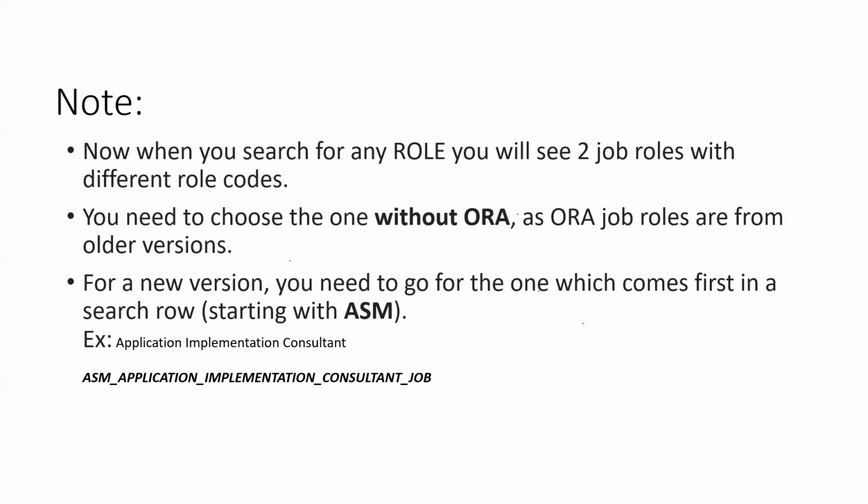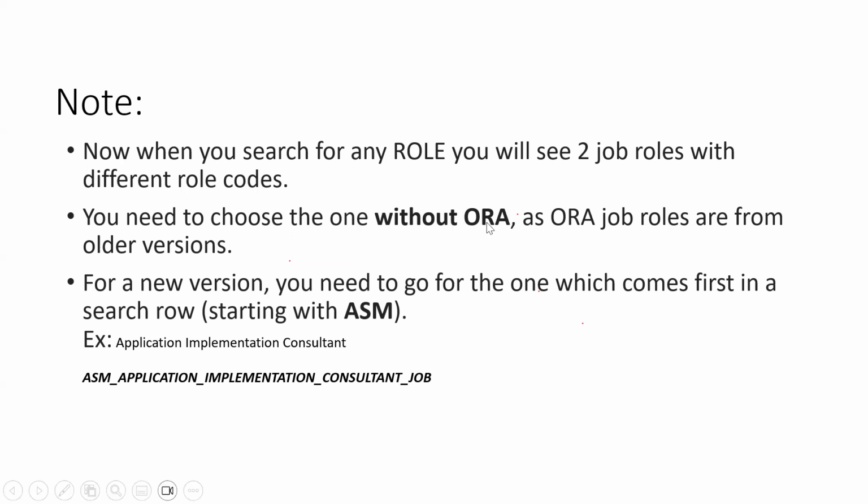In Oracle Fusion we have a privilege to create multiple customized roles. One more important thing: every role code has ORA as a prefix. What is the difference between with ORA and without ORA?